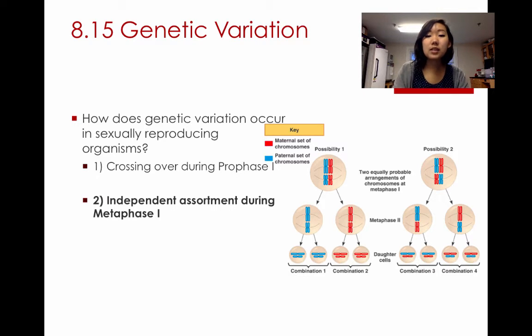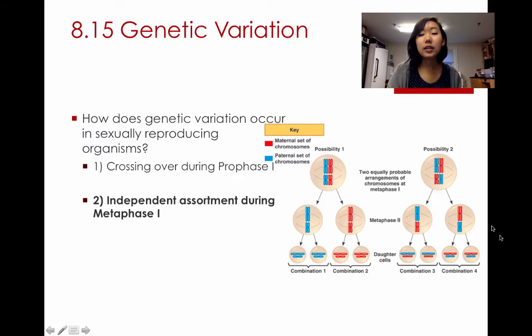So what this means is that during metaphase 1, where your homologous pairs of chromosomes are lining up in the middle of your cell, it's possible that they're aligned perfectly, where all on one side is your father's set of chromosomes and the other side is your mother's set, and that would result in cells that are completely like your father or cells that are completely like your mother, disregarding crossing over.